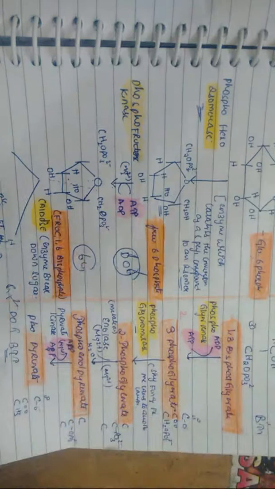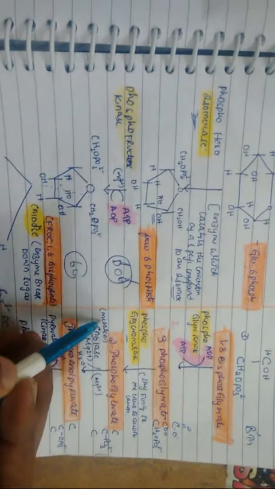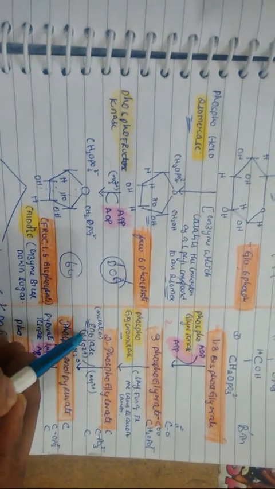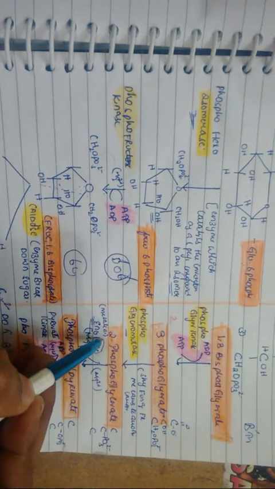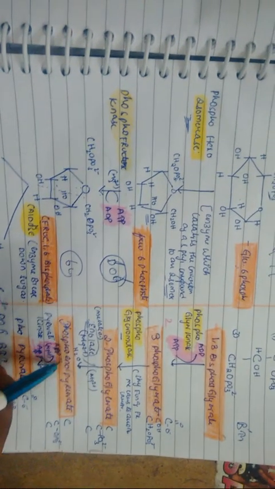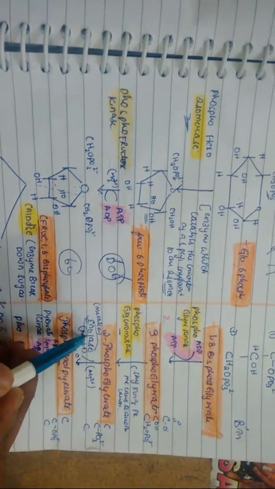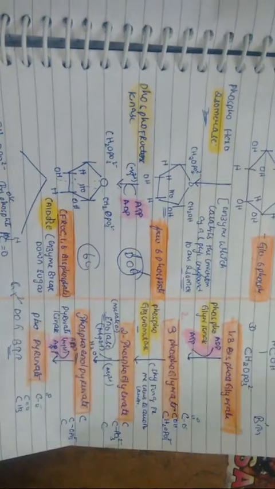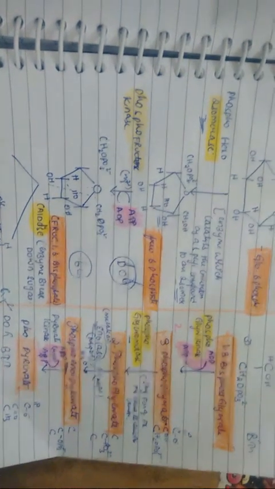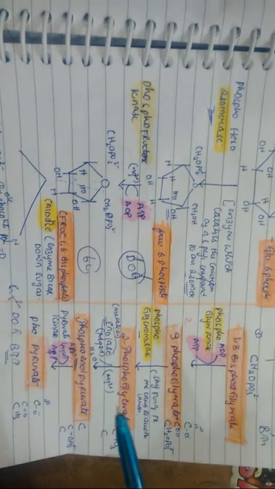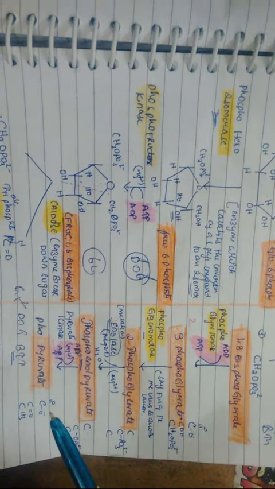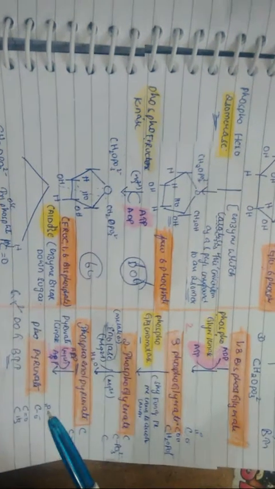If we observe carefully, the enzyme used here is enolase. You can observe the end product. And now we have come to the last point of this cycle, that phosphoenol pyruvate is converted to pyruvate.